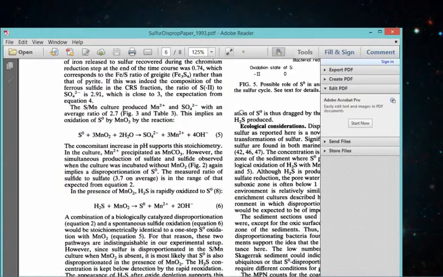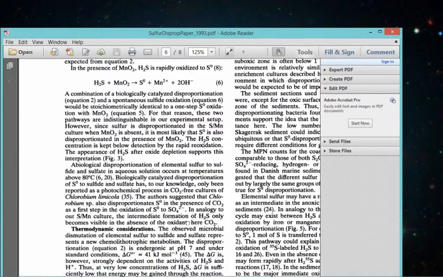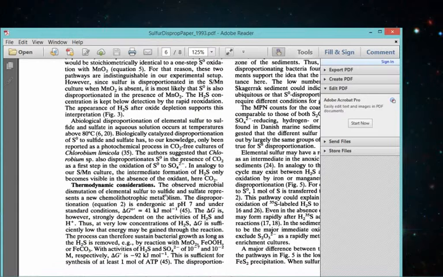And in fact, that's true because in the section in here, they talk about the thermodynamic considerations. You can see that disproportionation of elemental sulfur to sulfide and sulfate is endergonic. So it's never going to go in the right direction. How can you get energy from an endergonic process? Normally it can't be done.